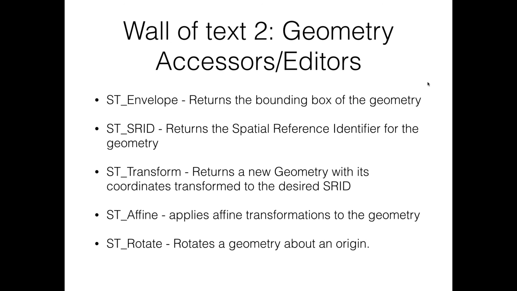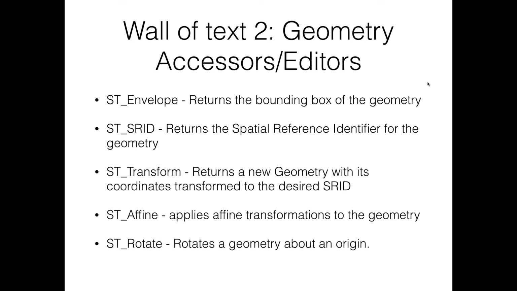Our second wall of text, so we just looked at a bunch of functions that tell us facts about geometries, length, area, stuff like that. We've got this set of functions that allow us to transform geometry. So I'm sure you guys are all map people. You've felt the pain of working with projections and stuff.